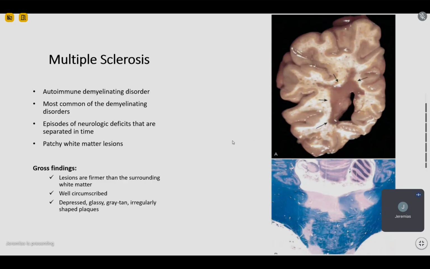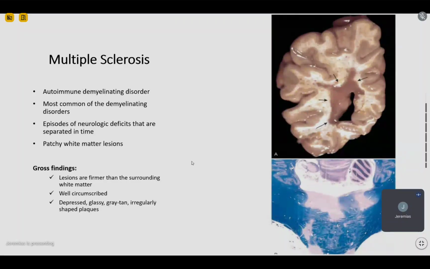So the picture on the left, picture A, where the four arrows are pointing, this is a fresh brain that shows the gray-brown plaque. This gray-brown plaque around the occipital horn of the lateral ventricle is the affected part in multiple sclerosis.